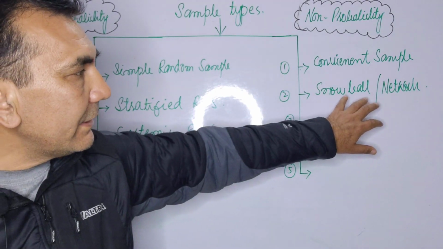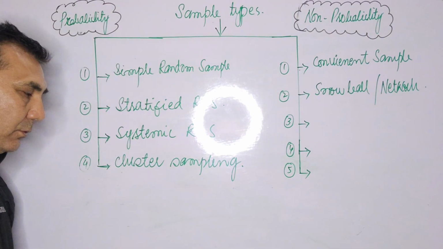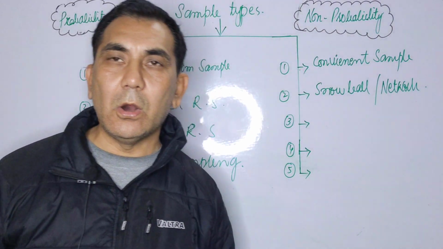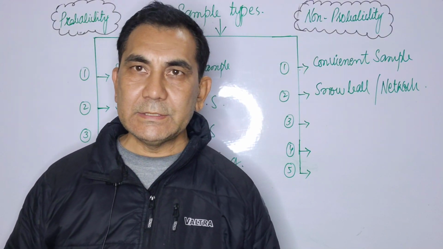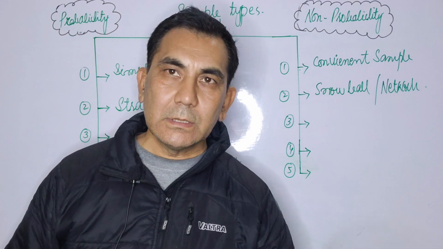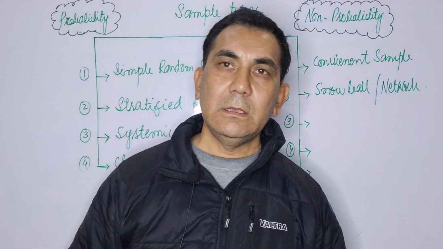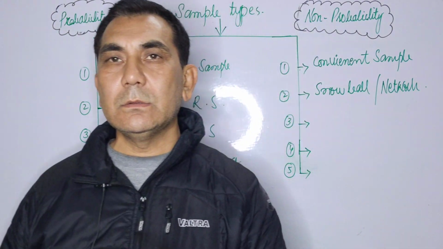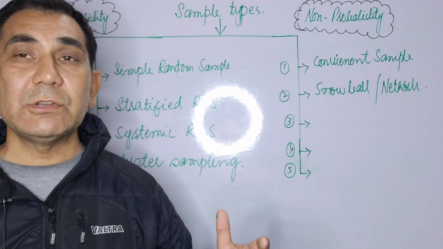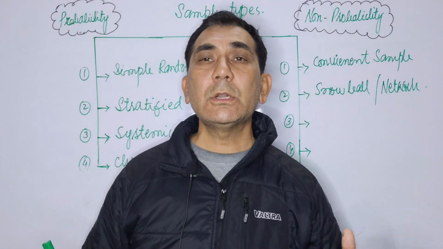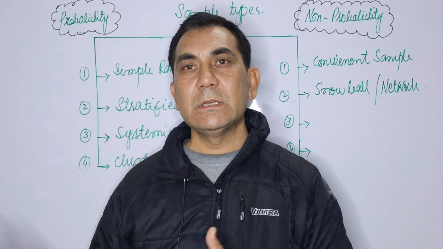Snowball and network sampling is mostly used if you want to conduct a study on a culturally sensitive topic, like HIV and AIDS, or the use of contraceptives and family planning methods. These are topics which are culturally sensitive, where people do not give data openly.